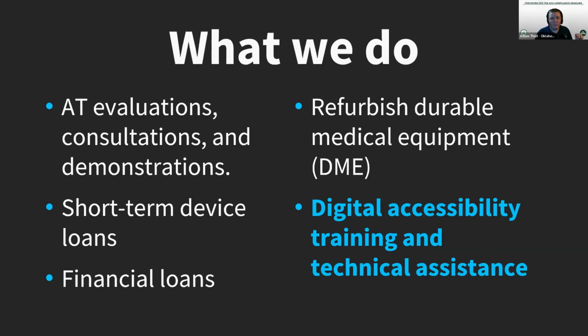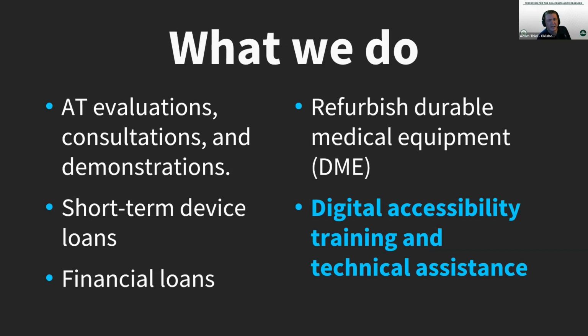If they do end up liking that device, we can help them get a financial loan for their own version of that device. And then we also have a program where we refurbish durable medical equipment. We take in donations, clean it up, and then distribute those back out to the community. So those are all physical accessibility services that AbleTech provides.